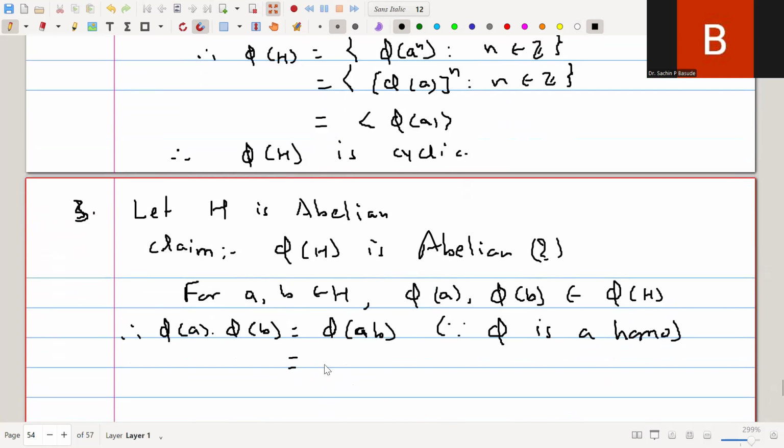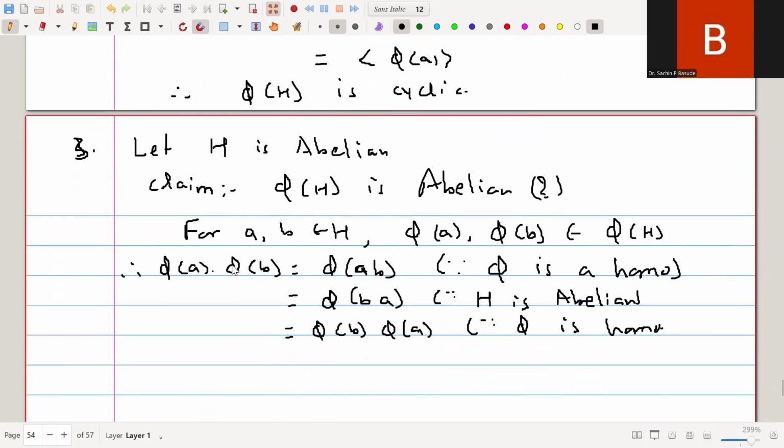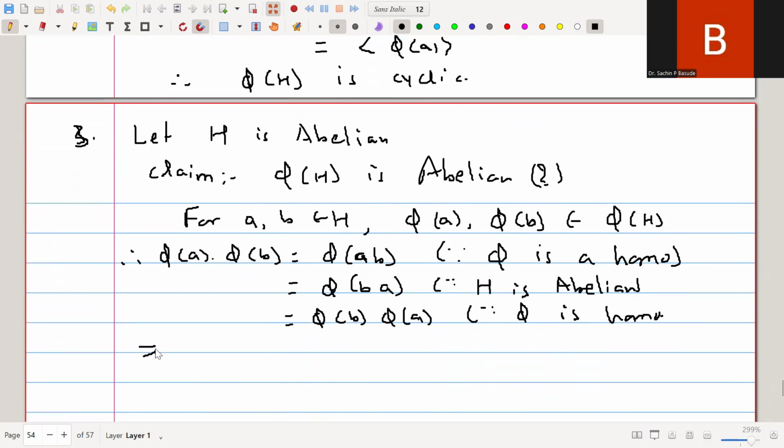But we can write this as phi of ba, since H is abelian. Again we can write this as phi of b into phi of a, since phi is a homomorphism. So phi of a into phi of b is phi of b into phi of a. So this implies phi of H is abelian.